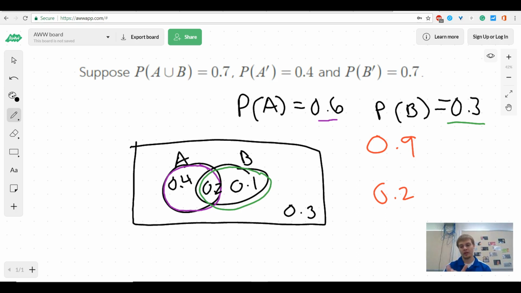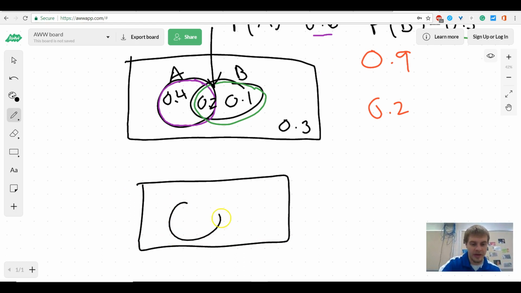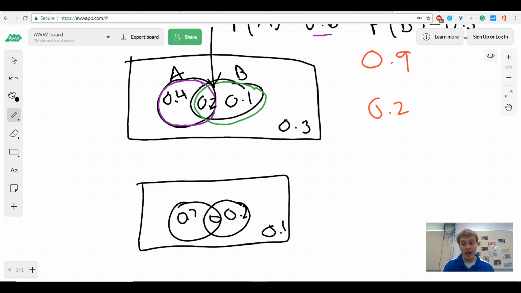There's one more little tiny piece of information that's helpful. If there's ever overlap, this is a normal event. But if your overlap is ever 0, that has a special name. So if we had a Venn diagram, and you were like, oh, this is 0.7, and this is 0.2, and this was 0.1 out here, so this has no overlap.